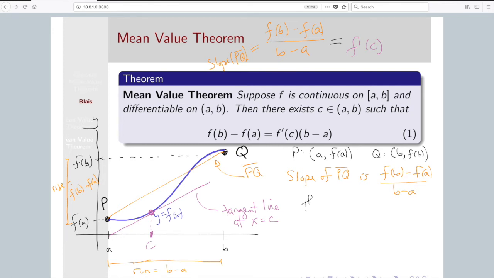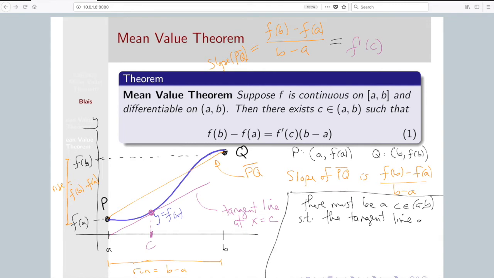So what this is saying, again, there must be a C in AB such that the tangent line at x equals C is parallel to PQ. That's the geometry behind the mean value theorem.